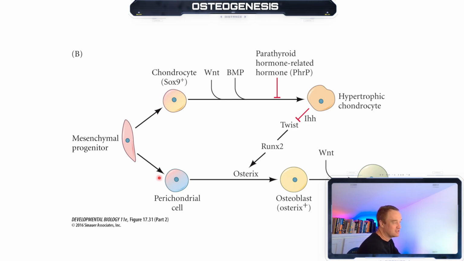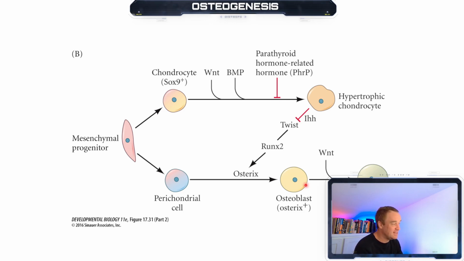The mesenchymal sclerotomes, we talked about the sclerotome previously, those cells can become either chondrocytes by exposure or activation via SOX9, so we've talked about SOX9 a few times now, or they can become osteocytes, so chondrocytes or osteocytes, and this Osterix transcription factor is what causes them to become osteoblasts/osteocytes.